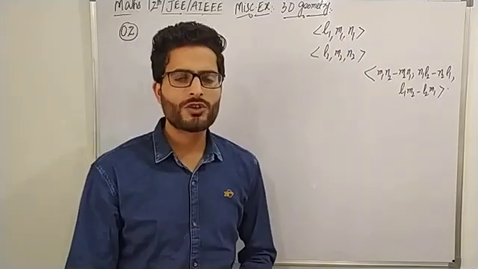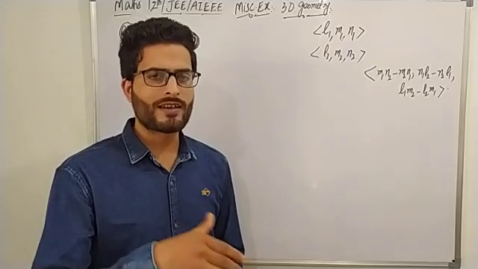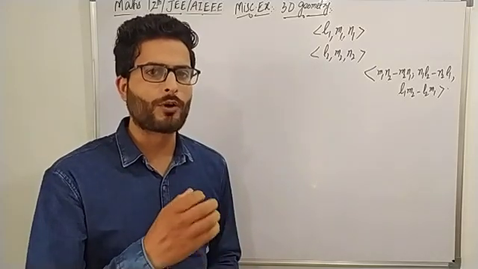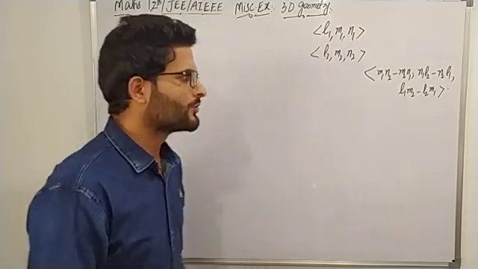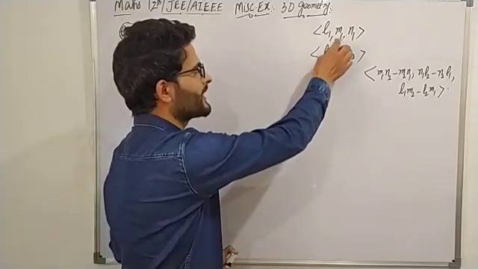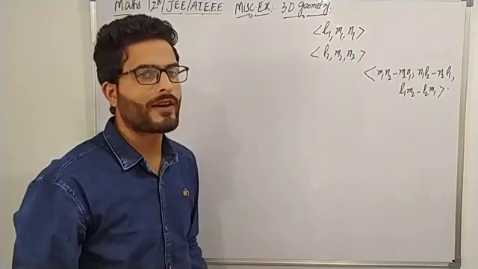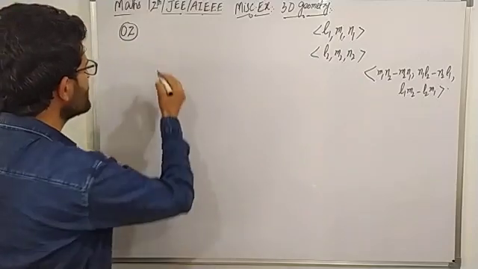But we know that the direction cosines of a line, or the direction cosines of a vector, are the scalar components of the unit vector. So we will denote these two lines with direction cosines as capital L1 and capital L2.